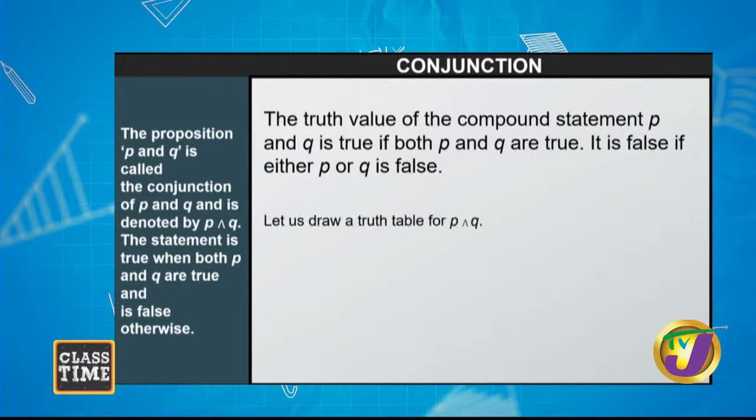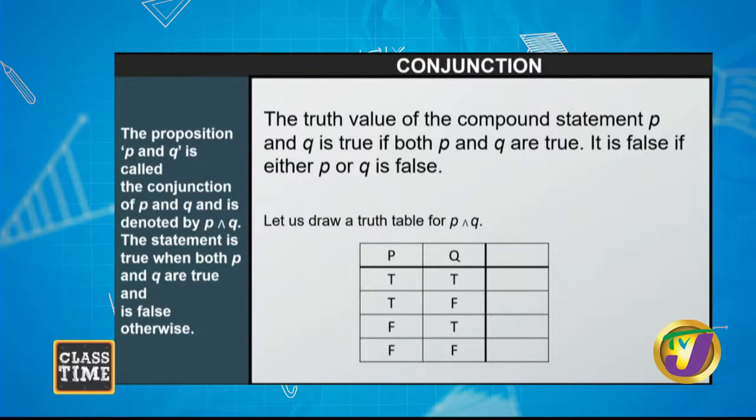Let's draw the truth table so you can get a better understanding. For the compound statement P and Q to be true, both P and Q have to be true. Looking at the table, if P is true and Q is true, then the truth value must also be true.